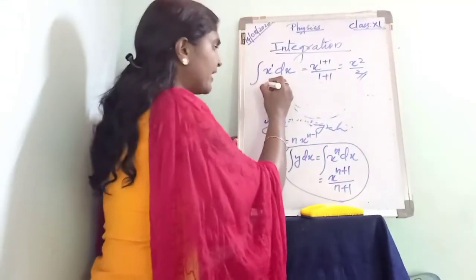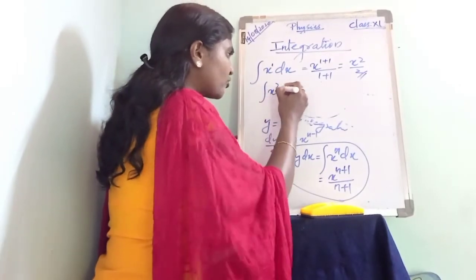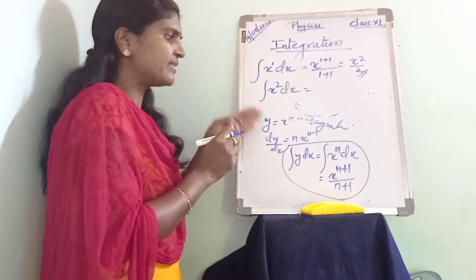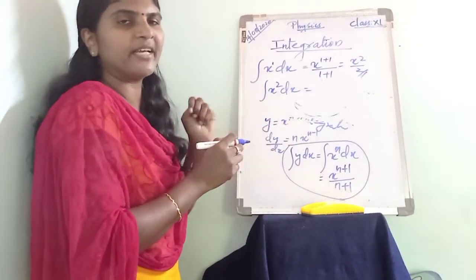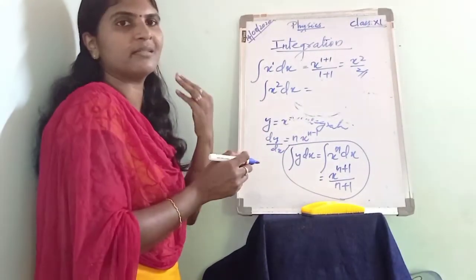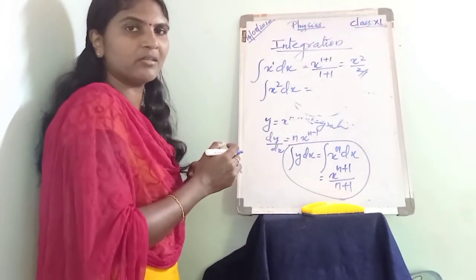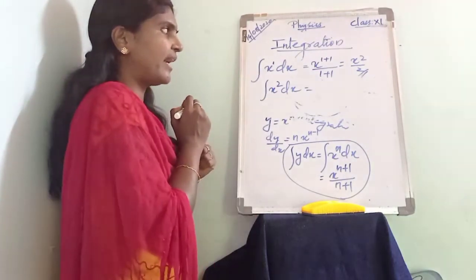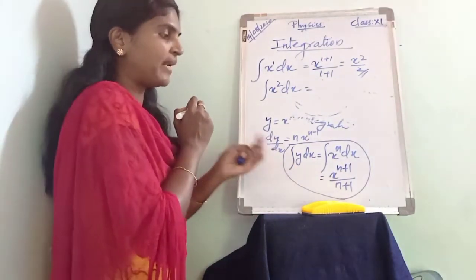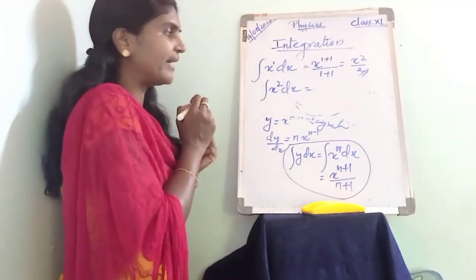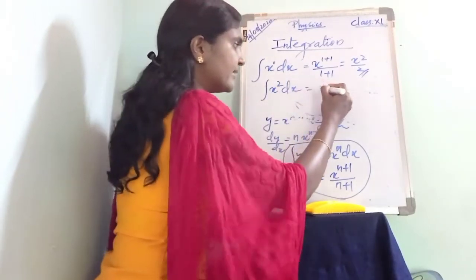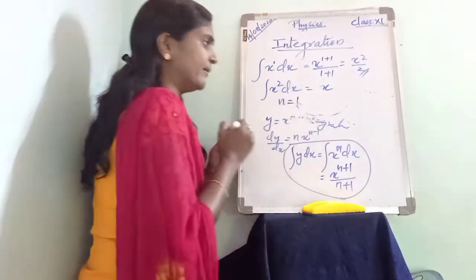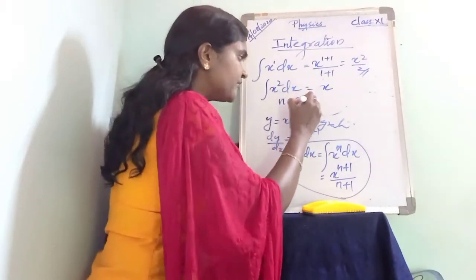Next, we can apply integral of x square dx. The application of this equation will come in your derivations in later sections. What is its value? Using this formula, x raised to n plus 1, what is the value of n here? Sorry, the value of n is 2.